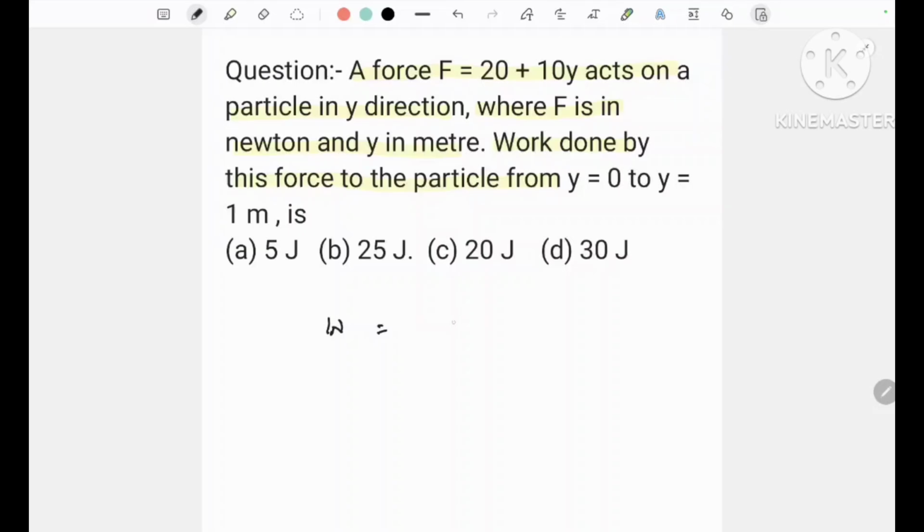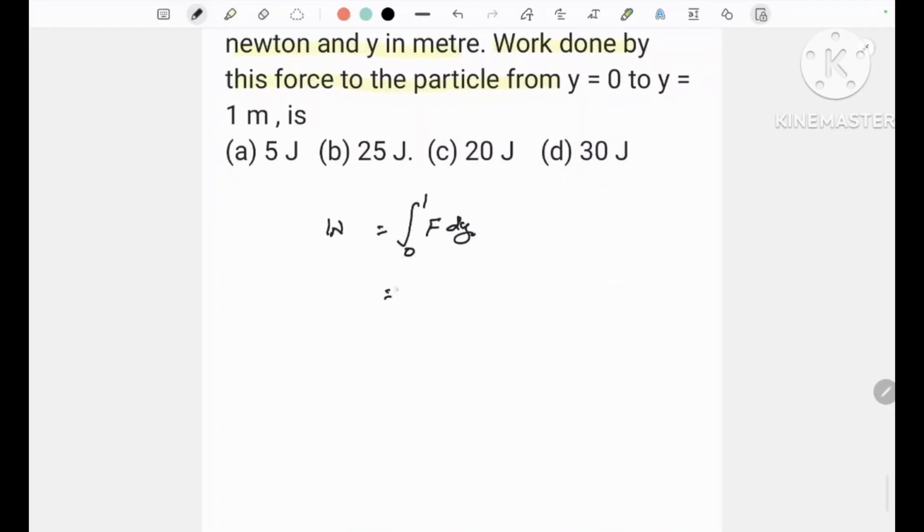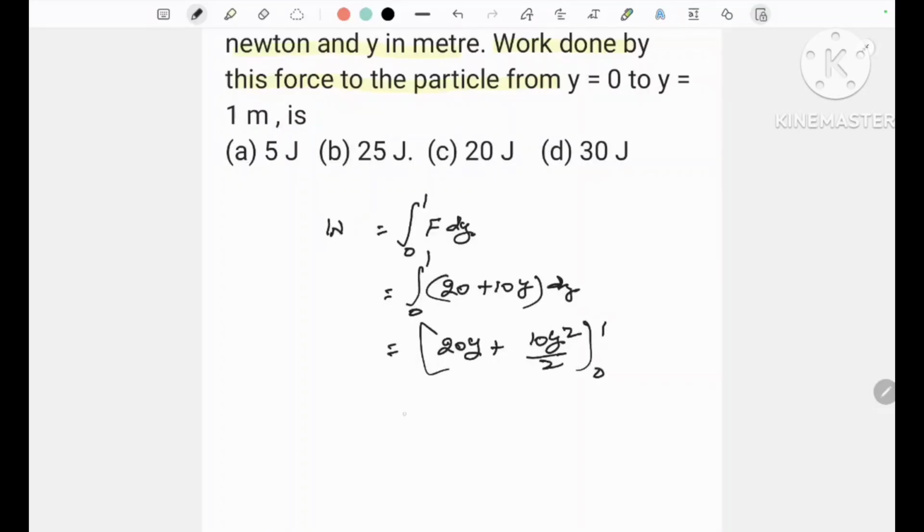Work done will be equal to integral of F dy, limit 0 to 1 meter. That is the integral of (20 plus 10y) dy, which is 20y plus 5y square, from 0 to 1.